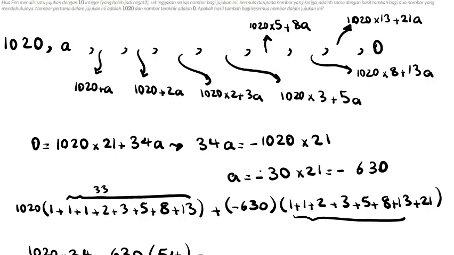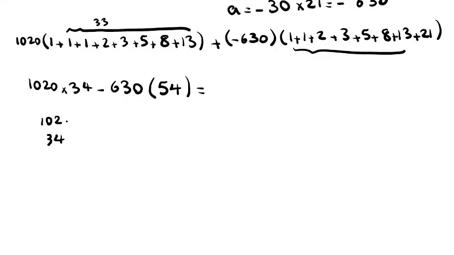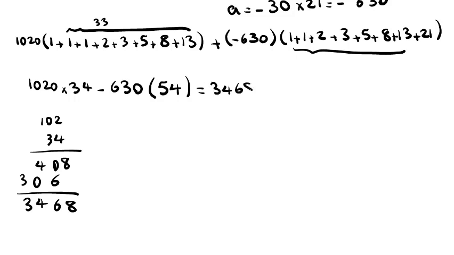Minus, if you multiply these two numbers, 630 times 54, we get the result. So the answer is 660.